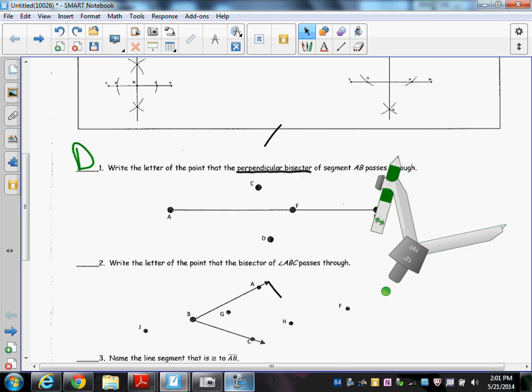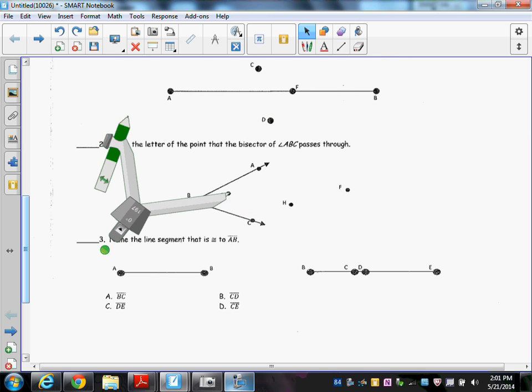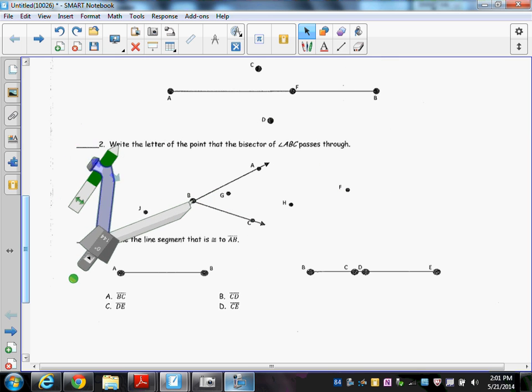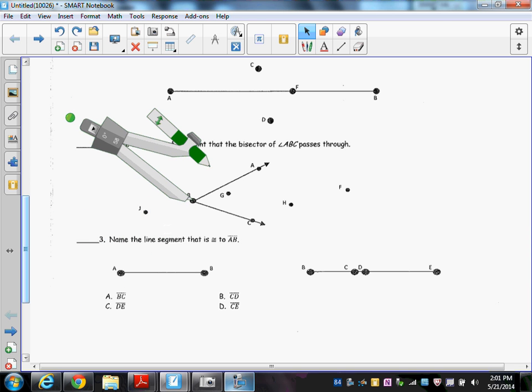I'm going to need a clear space to be able to do number 2. So number 2 asks us to write the letter of the point that the bisector of angle ABC passes through. So to make an angle bisector, I have to keep the compass setting the same and make a couple marks.